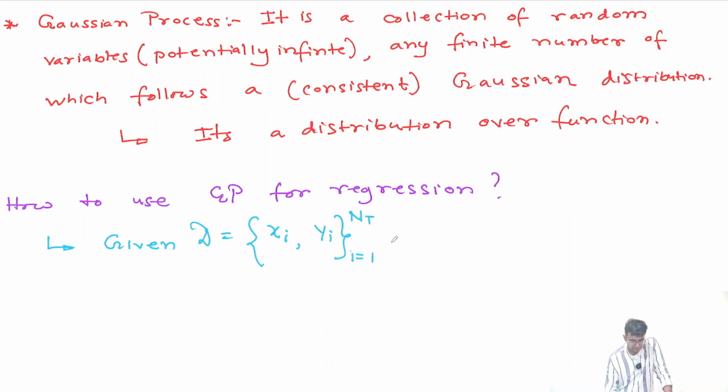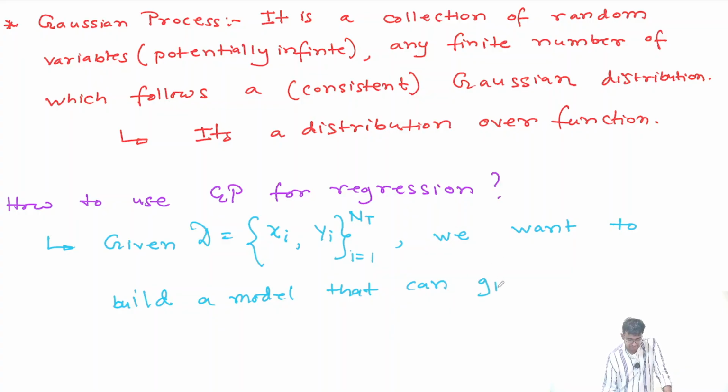Given this, we want to build a model that can produce or give one of two things, right?